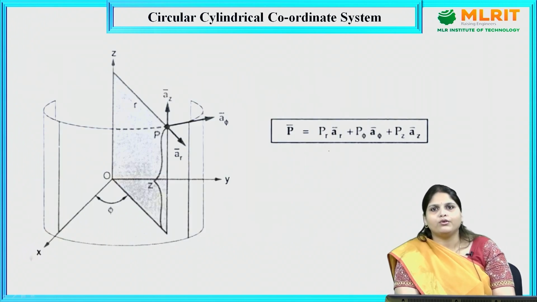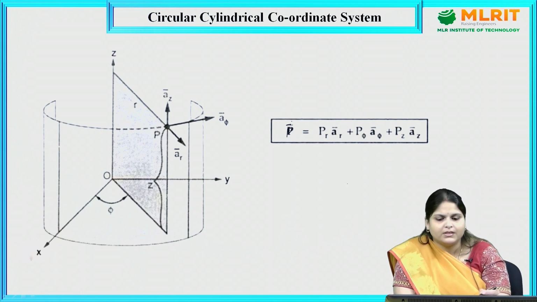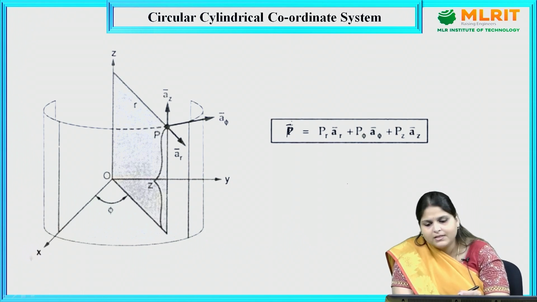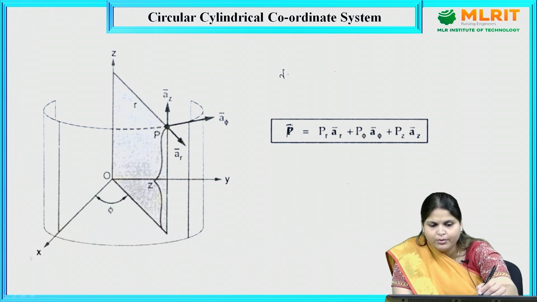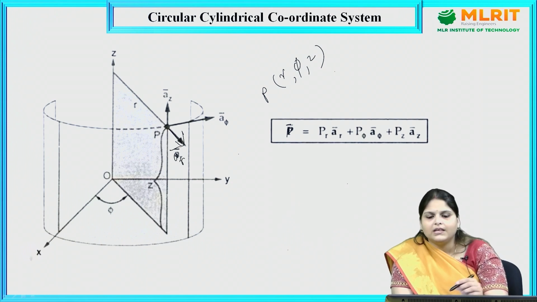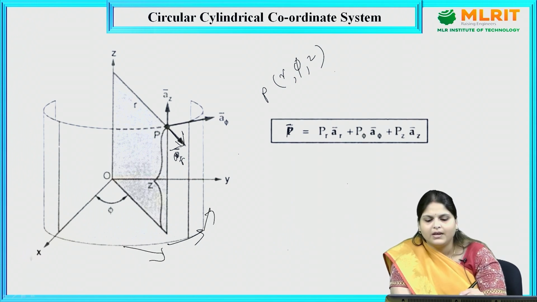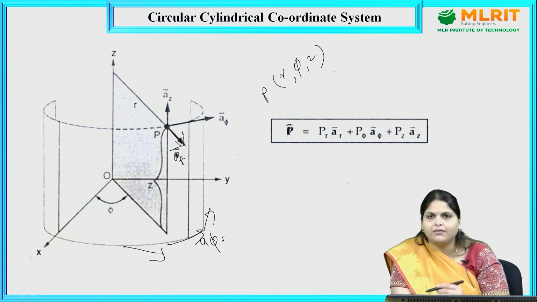Next, if I want to write the equation for this point P, or the vector equation along with unit vectors, as I already know, the coordinates are R, phi and Z. So the unit vector in R direction would be AR. In phi direction, it can be here, here, or here also, and the unit vector would be A phi.